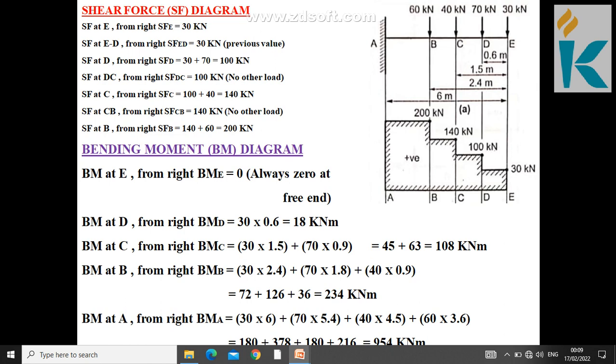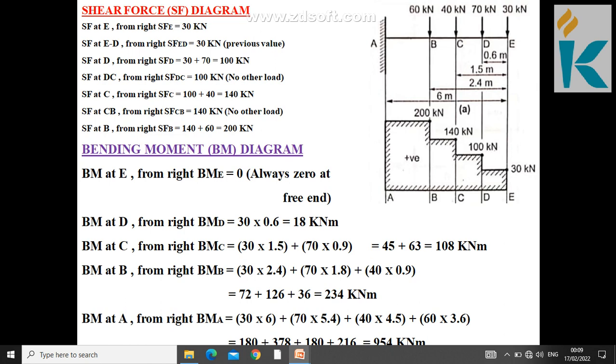Then the second one is bending moment at C from right, BMC equals 30 into 1.5, since the free end load is 1.5 meter up to C, plus 70 into that particular portion distance 0.9. So finally you got 108 kilonewton meter.